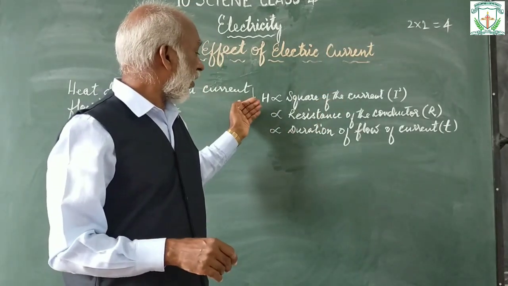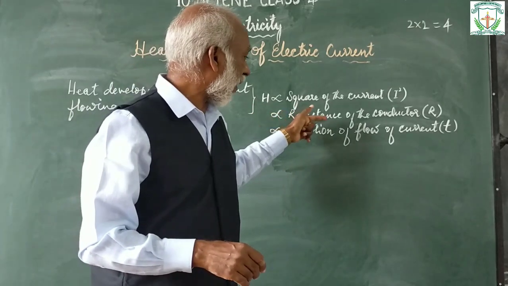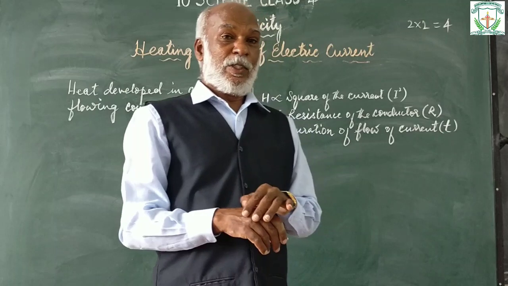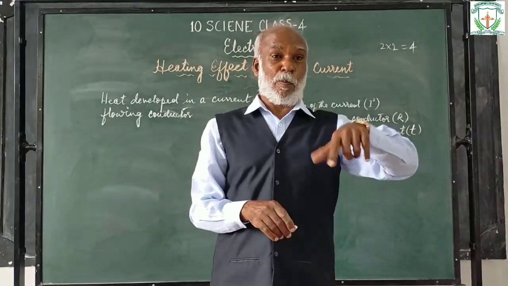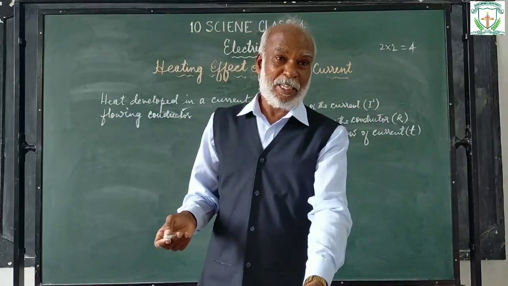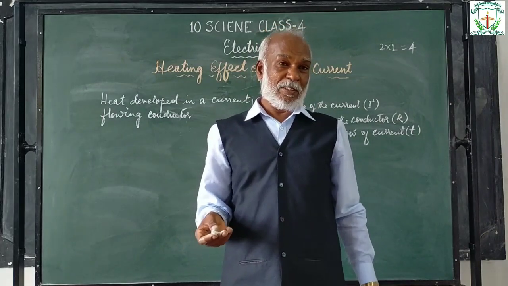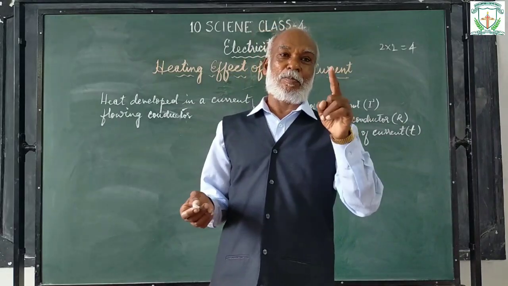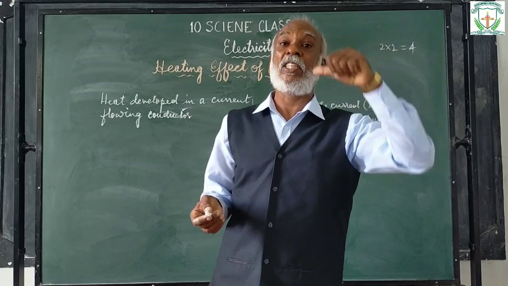Secondly, the heat developed in the conductor is proportional to the resistance of the conductor R. So the theory says the heat developed is proportional to the resistance, but actually in practical we found that when the resistance increases, heat developed decreases. I'll explain the reason for this.